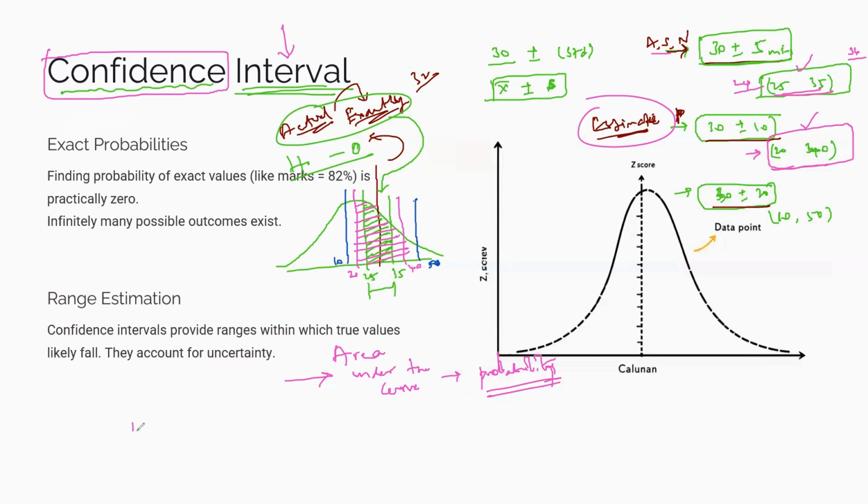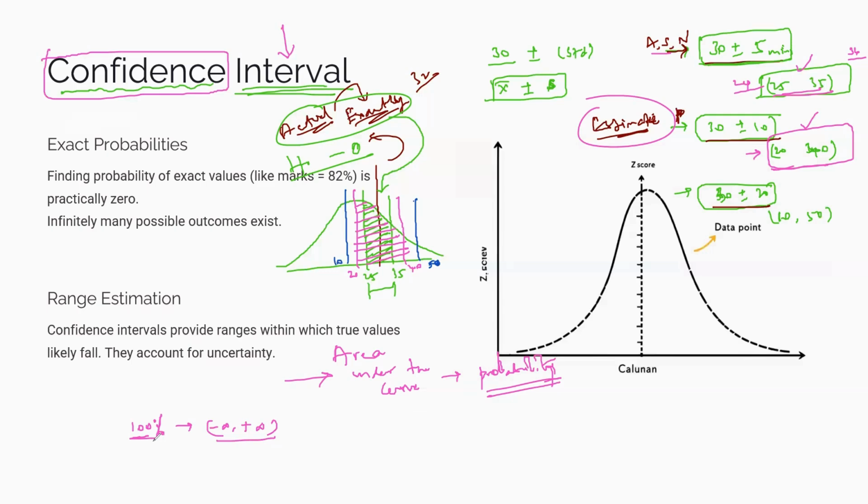Now, if I want to be 100% correct in my estimations, can I say, hey boss, I will reach the office somewhere between minus infinity minutes to plus infinity minutes? He will immediately throw you out, right? He or she will throw you out of the office if you give this kind of a range, isn't it? 100%, yes, I know, but there are infinite possibilities under this area, isn't it?